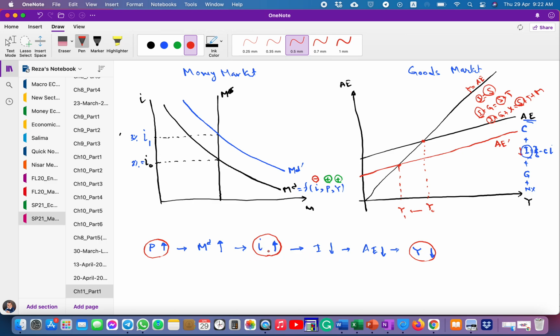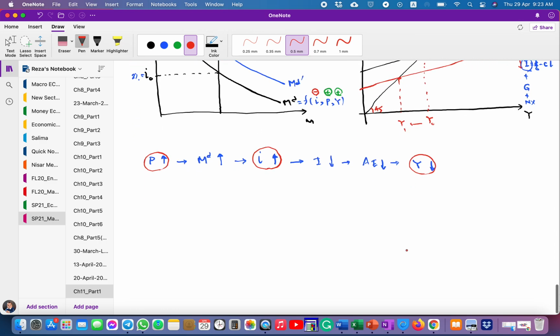It shows the combination of interest and Y at which the economy is in equilibrium, the intersection of the 45-degree line and the aggregate expenditure. If we draw that, it's called the IS curve.